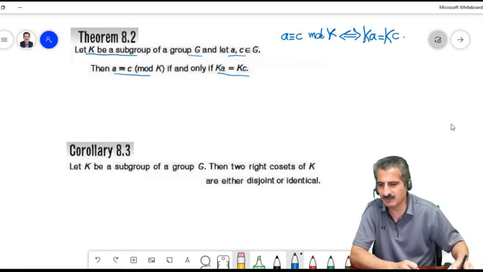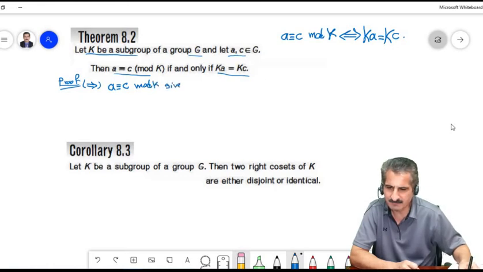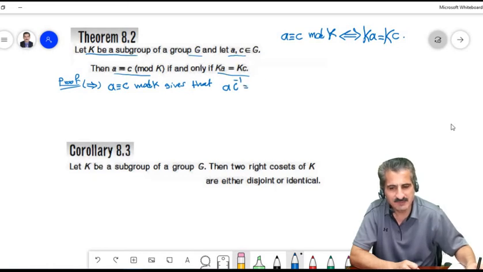And how do we prove this theorem? The proof is so quick. So let's prove this direction. Then we have A congruent to C modulo K, which gives that AC inverse equals small k for some k, where small k belongs to the subgroup.